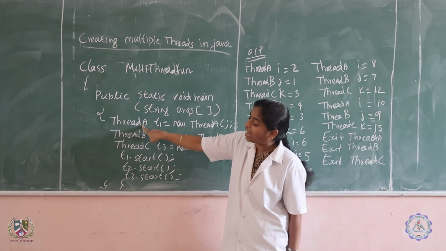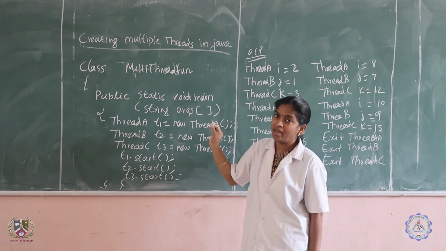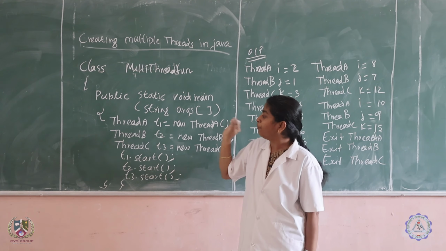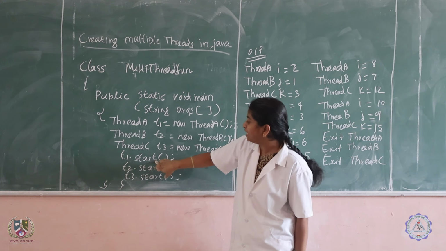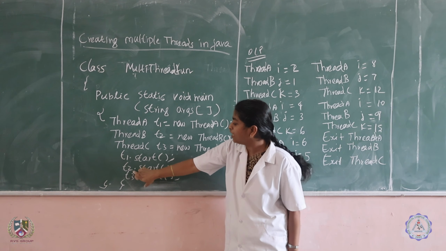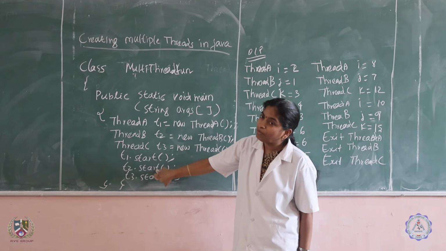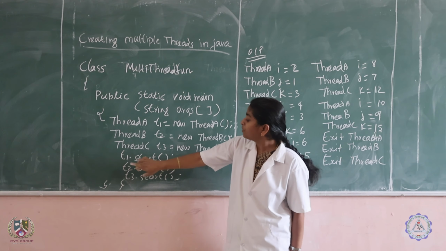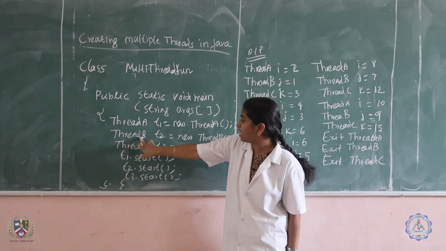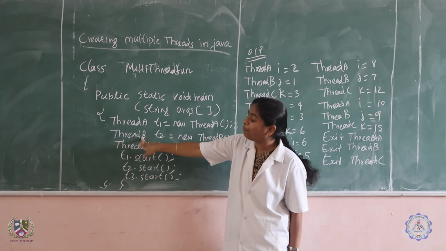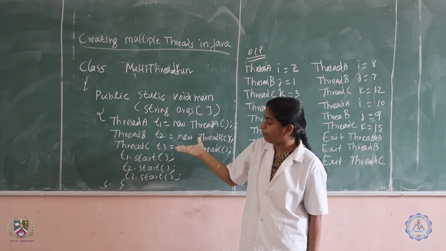In the thread A class run method, we are printing a number multiplied by 2. Next, T2 dot start automatically calls the run method of the thread B class. In the thread B class, we are printing the first 5 odd numbers.